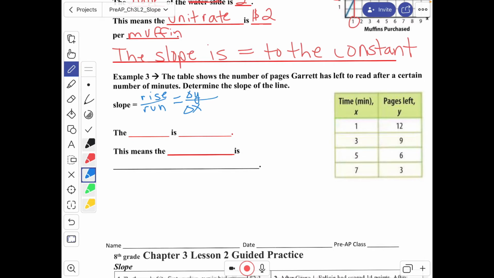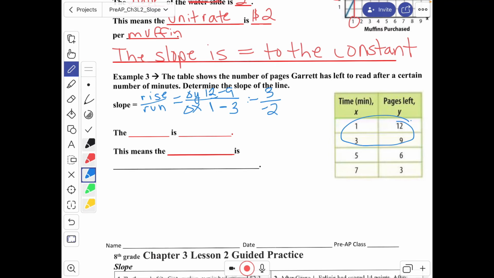It doesn't matter which 2 intervals you pick. I'm going to pick those 2 because they're just there on top. So I have 12 minus 9. And the x that goes with 12 is 1. And the x that goes with 9 is 3. So 12 minus 9 makes 3. And 1 minus 3 makes negative 2.